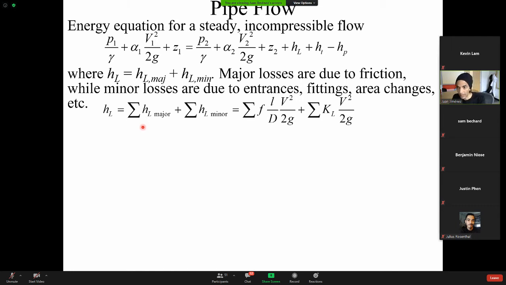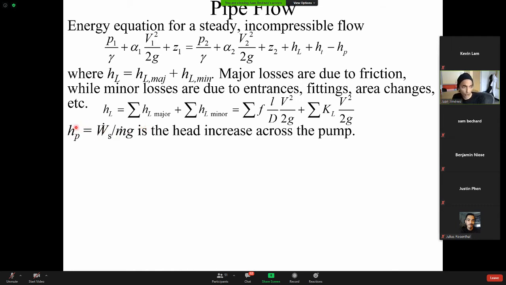Okay, and so the HP is going to be your head increase across a pump. Could be across a turbine where you're generating energy, or you're putting energy into this system.